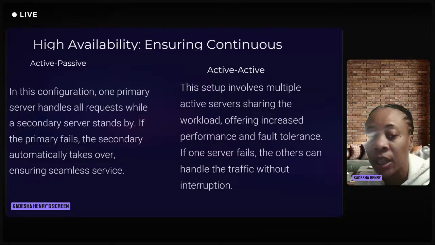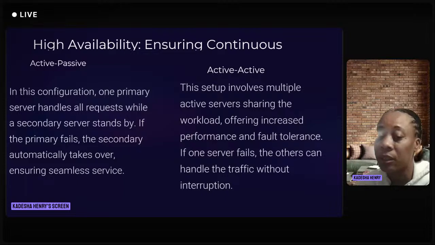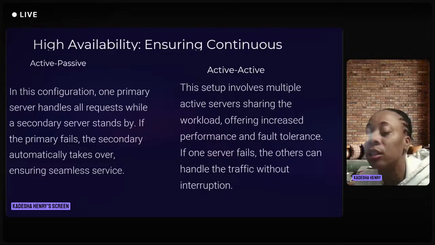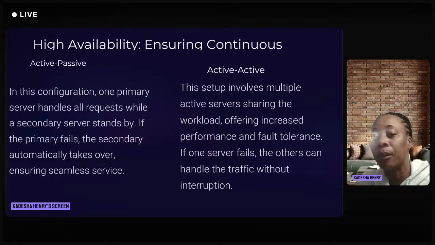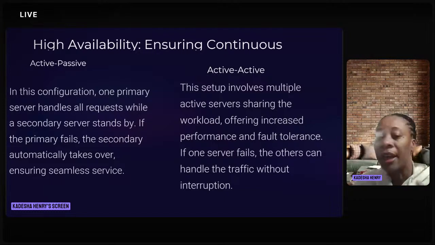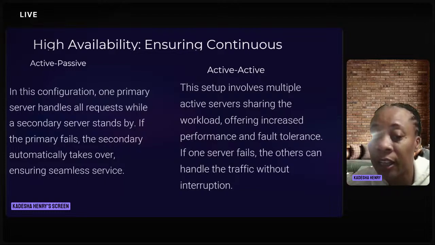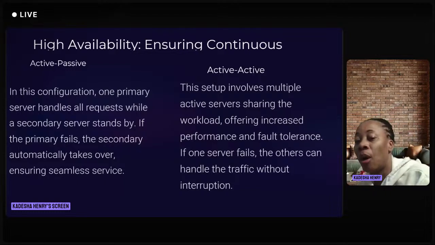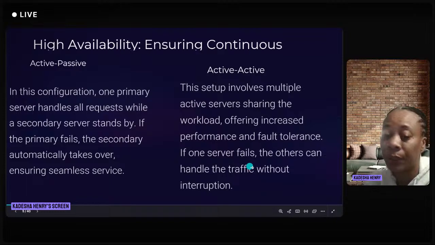If the primary server fails, the secondary server automatically takes over, ensuring that the service keeps running. So that is active-passive. You configure the system so that if one area fails, another one automatically takes over.